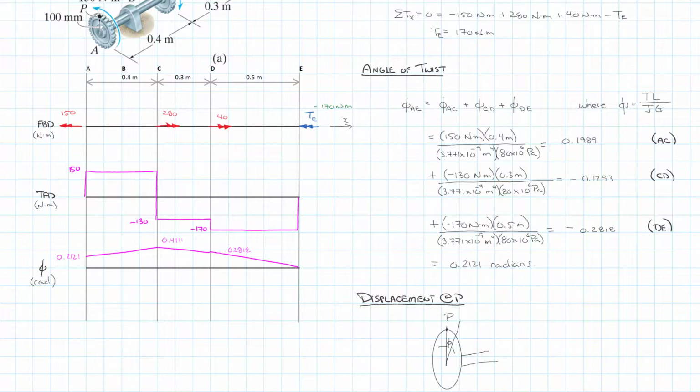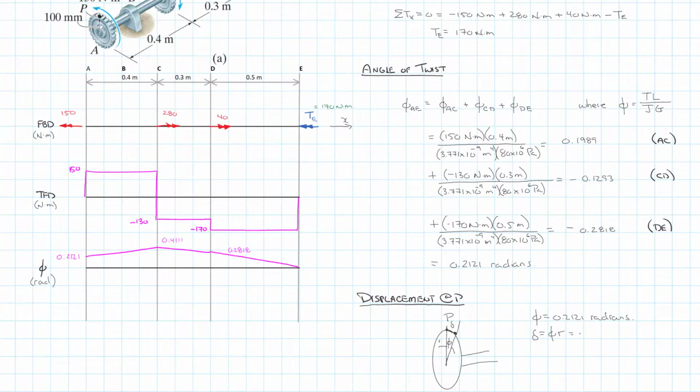And so to calculate our displacement here, so that's our displacement at P, we know our angle of twist from the previous calculation is 0.2121 radians. Our displacement, because of small angles, has to be our angle of twist multiplied by the radius of our gear.